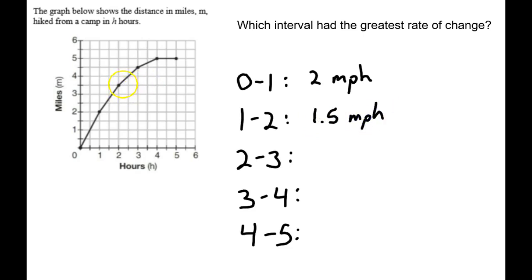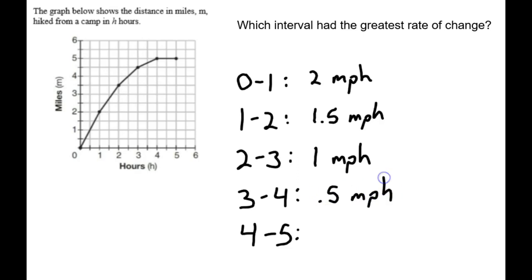From 2 to 3, we go from 3.5 to 4.5, so we have a change of 1 and a change in time of 1, so that would be 1 mile per hour. Then from 3 to 4, we go up 1/2, from 4.5 to 5, so that would be 0.5 miles per hour.